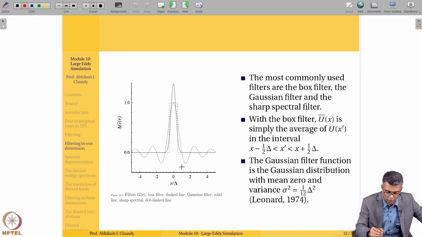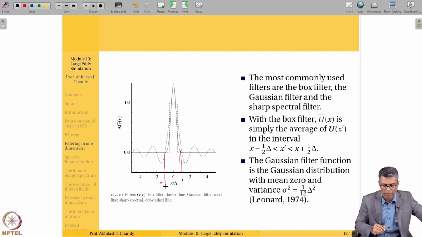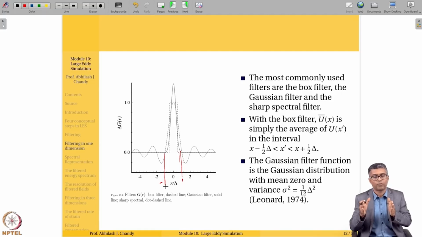Getting me? So r over delta is 1. 1 to minus 1, isn't it? So that is your filter width.